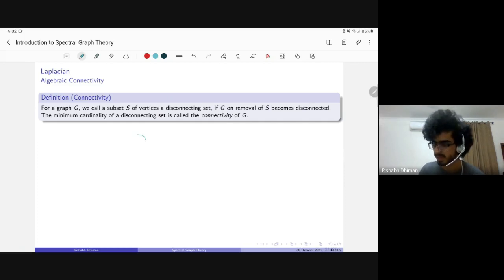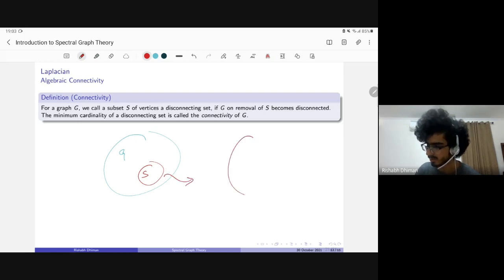So say you have some connected graph G. I take some set of vertices S from here and I remove all these vertices. So you consider this graph G and you no longer have these S vertices.